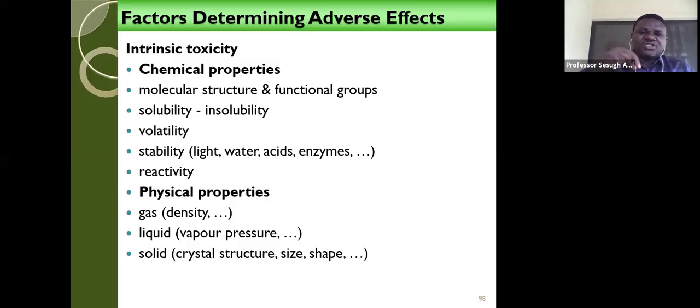So it has to do with the nature of the chemical itself, and then the reactivity. If it's a type that reacts very fast or slowly, then the effect will also be felt accordingly. Then the density in gases, liquid vapor pressure, solid crystal structure, and size and shape. So all of these fall under intrinsic toxicity.